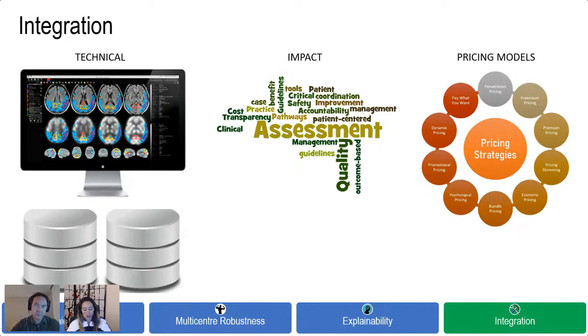The consideration when you start to integrate all these different modalities is that you have to think about how you are going to use it in the real world. In one of our data sets, we have some very nice blood biomarkers. We have amyloid beta blood biomarkers. We have a few other ones, tau.